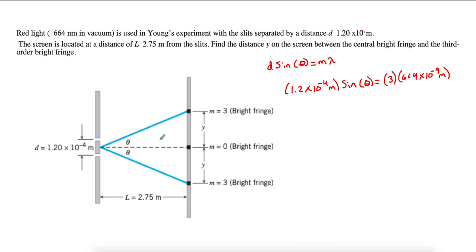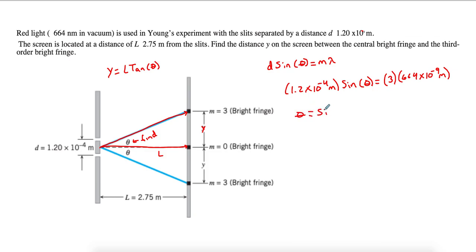Now, what's the whole point in doing that? It should be pretty clear that if you look at this, we know this length, we want to know this length, we can find this. Because if you look, this height would just be L tan theta. Tan is opposite over adjacent, and that's why we can use that. And so if we go in here now, we can solve for theta.